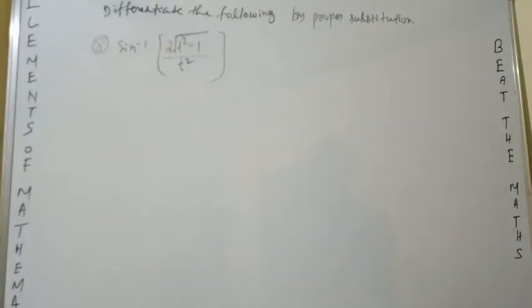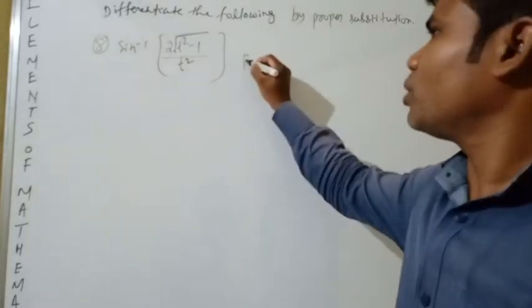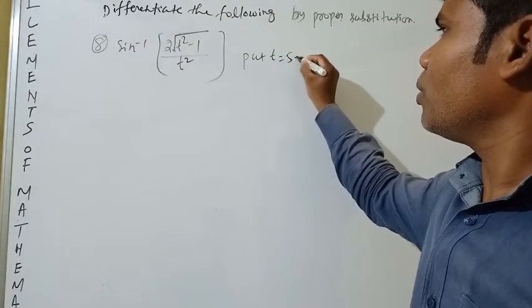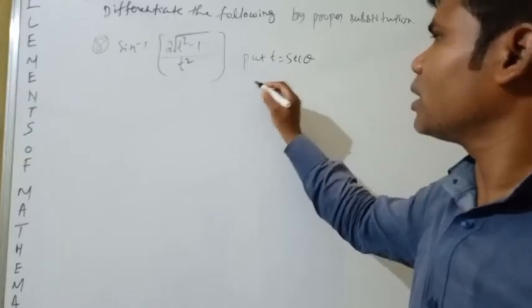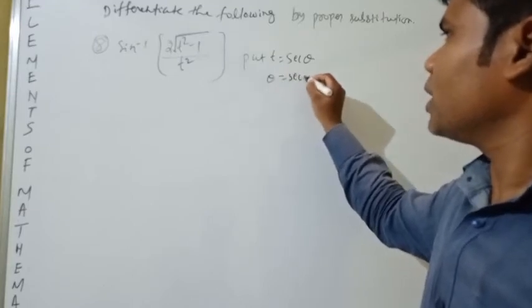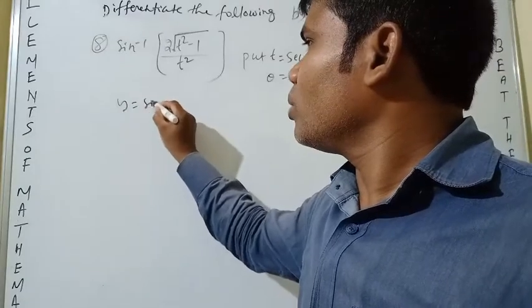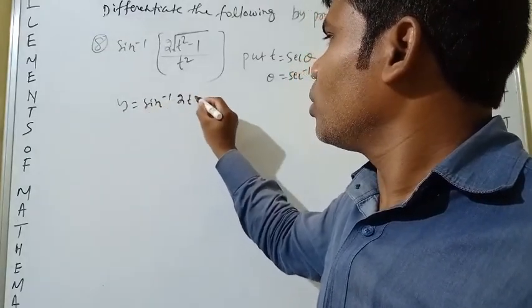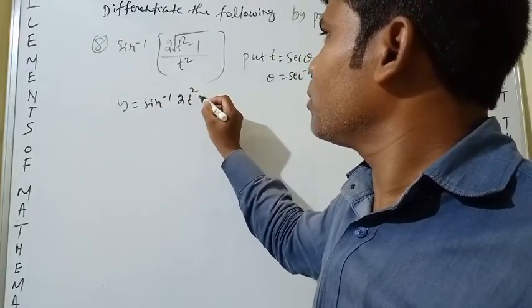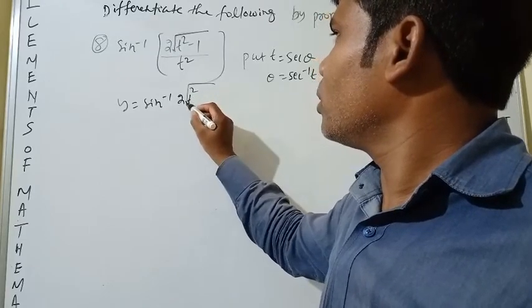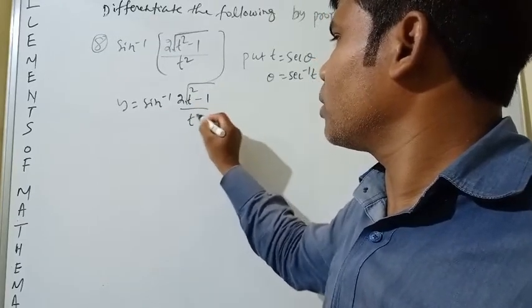Differentiate the following by proper substitution. The question is given: sin inverse of 2 root over t square minus 1 by t square. Here you put t is equal to sec theta, okay, theta is equal to sec inverse t. You take y is equal to sin inverse of 2 root over t square minus 1 by t square.